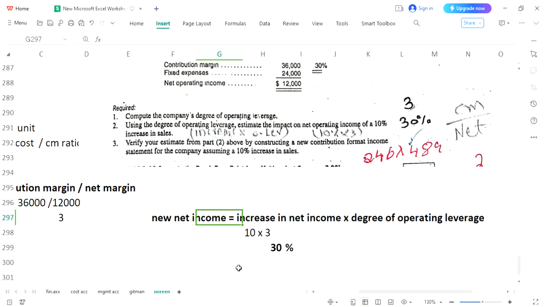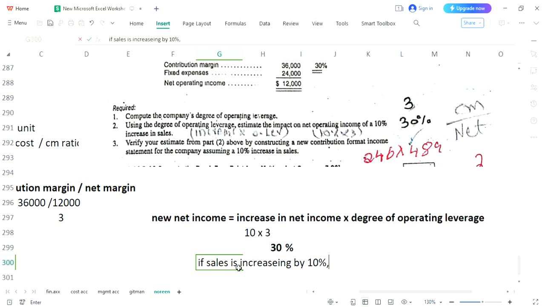I should write over here, if sales is increasing by 10%, so with the help of this degree of operating leverage, we have concluded that net margin will increase by 30%. So without even calculation, you can conclude it.